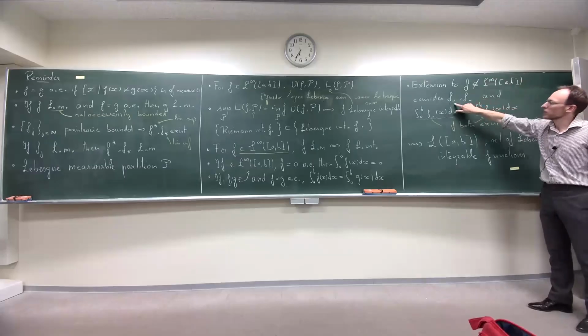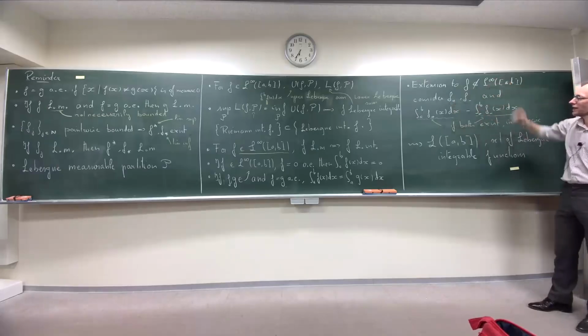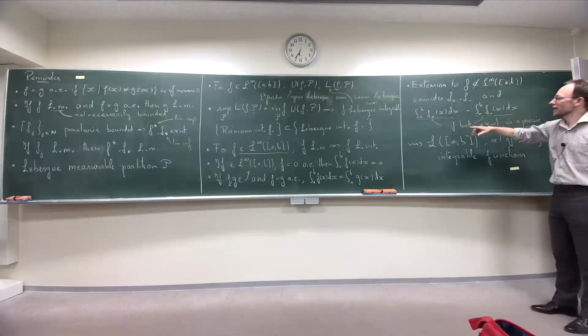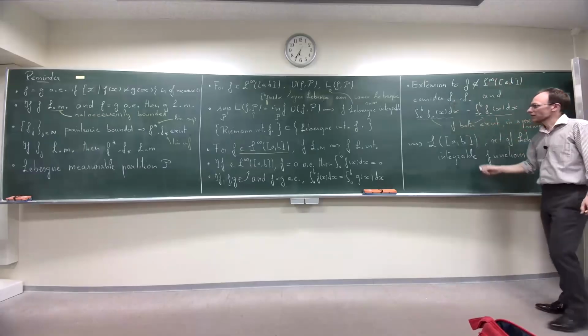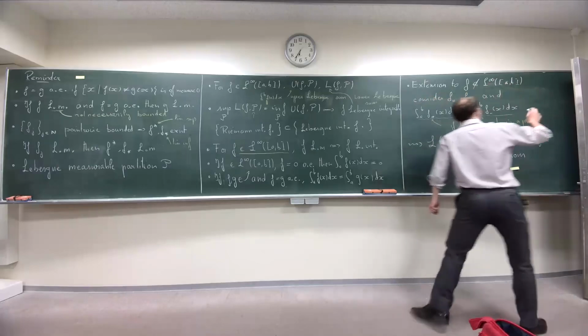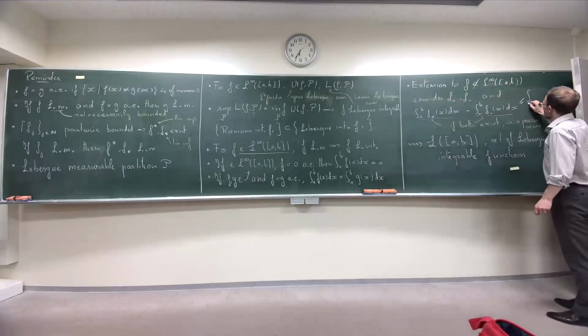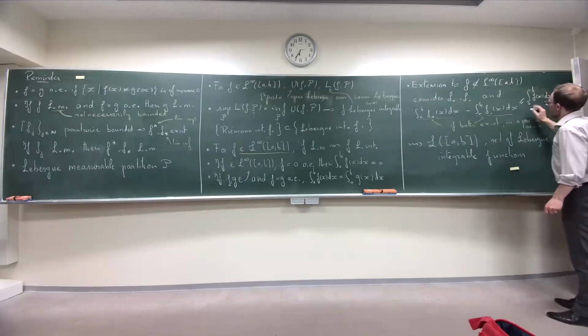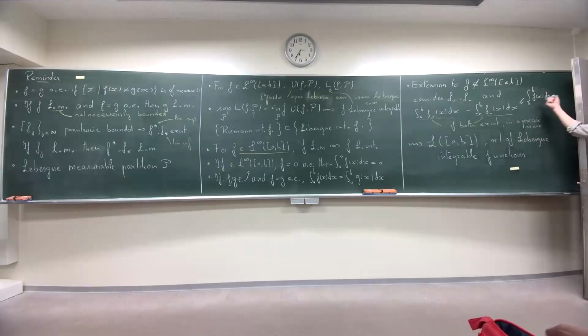And now these two functions are positive, and if both are Lebesgue integrable in this general sense, then we say that f is Lebesgue integrable, and this difference is the integral on AB of f(x) dx. So we gave a precise definition of what it means to be Lebesgue integrable for a function which is not bounded and can take arbitrary sign.